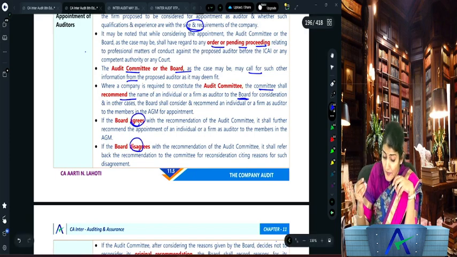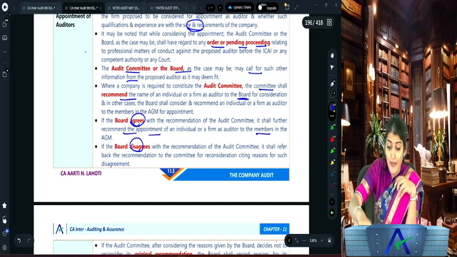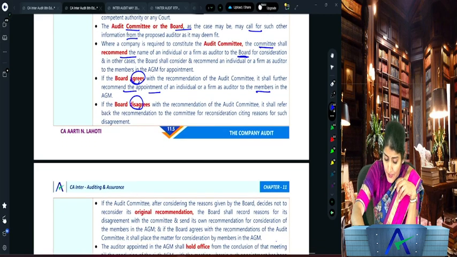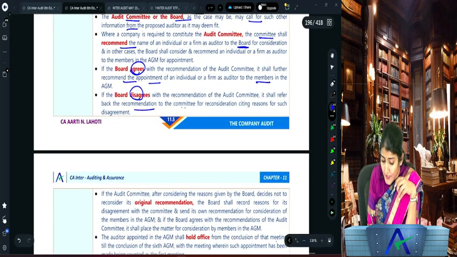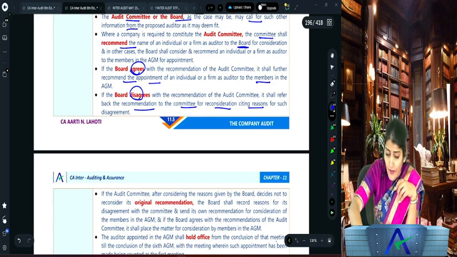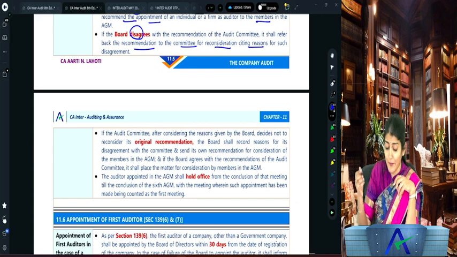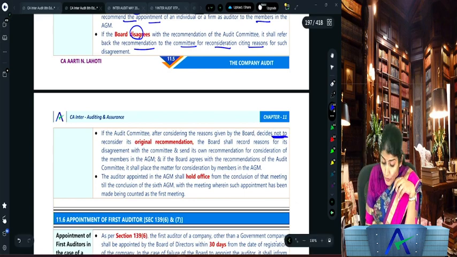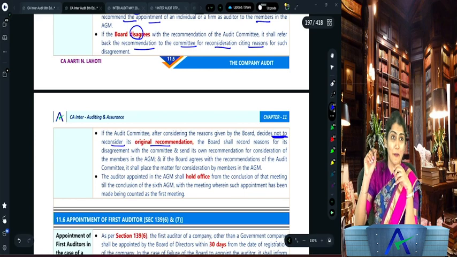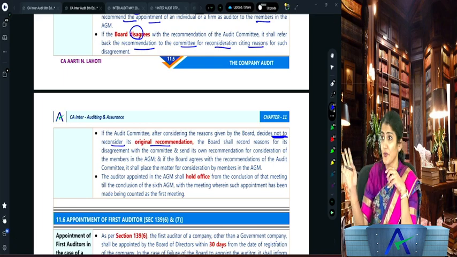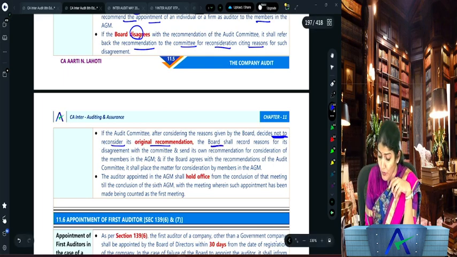If the board agrees with the recommendation, it will further recommend the appointment to the members. And if the board disagrees with the recommendation, it will refer the recommendation back to the committee for reconsideration, citing reasons for the disagreement. And if the audit committee, after considering the reasons given by the board, decides not to reconsider its original recommendation, so they say, no, we are not going to change our recommendation, what will the board do?